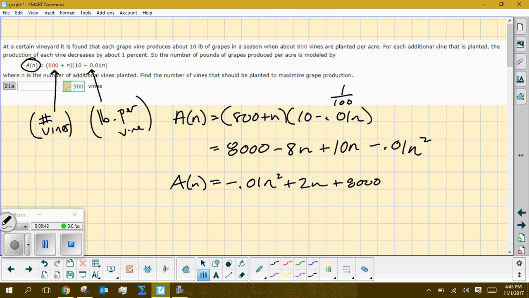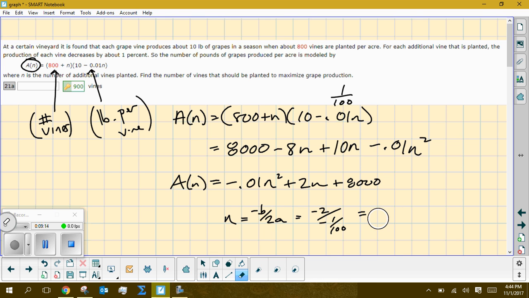Okay, so now we want to figure out how many vines I end up with to maximize my yield here. So we're going to say n is equal to the opposite of b over 2a again. So we go negative 2 divided by negative 0.01. I like to look at it this way. A negative divided by a negative multiplied by the reciprocal gives me 200.